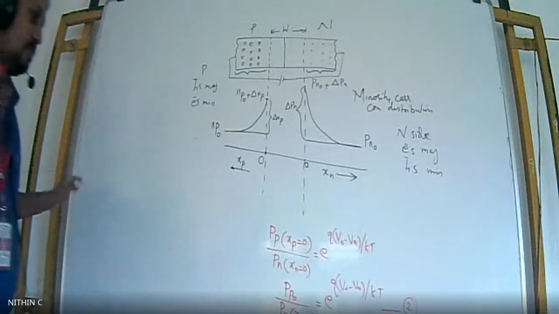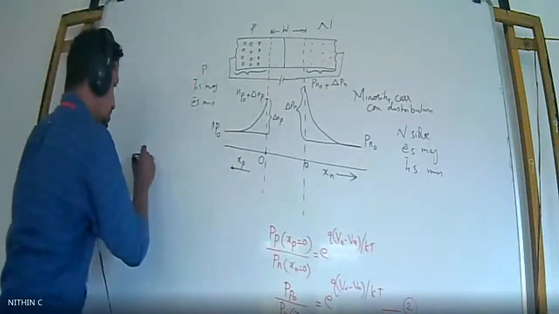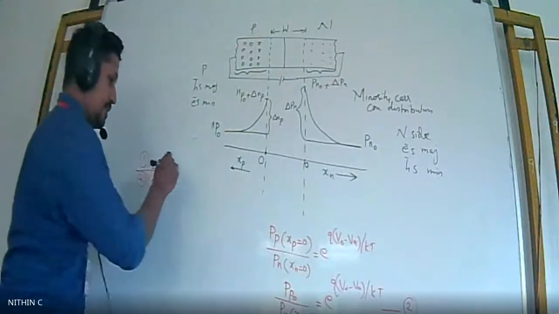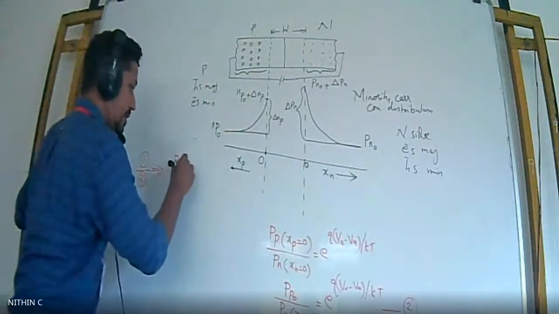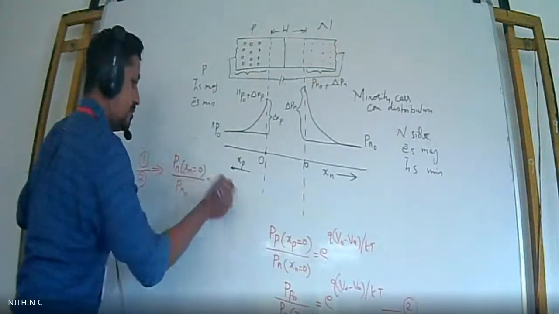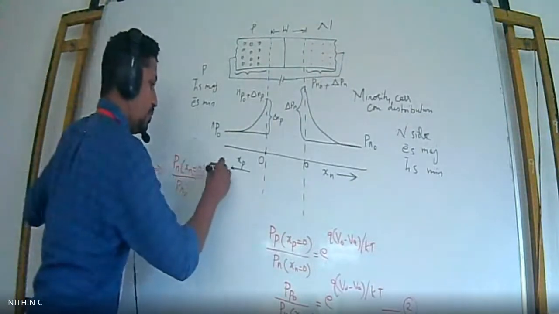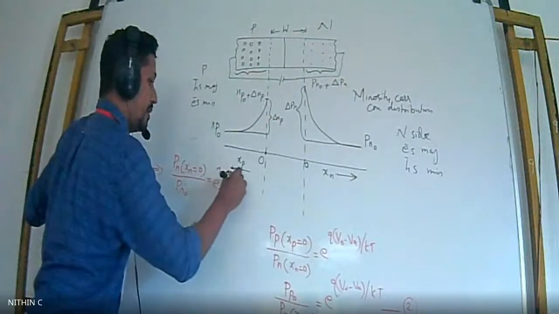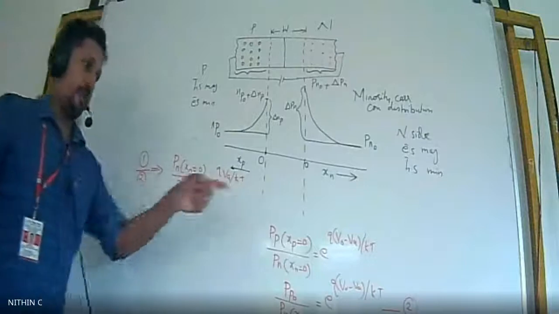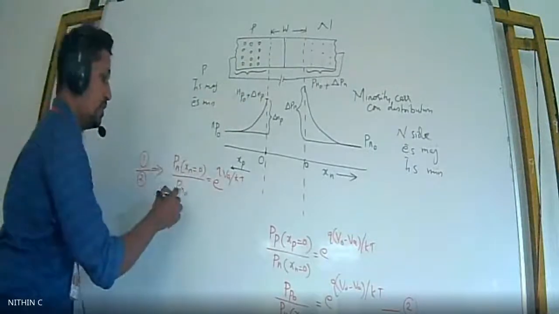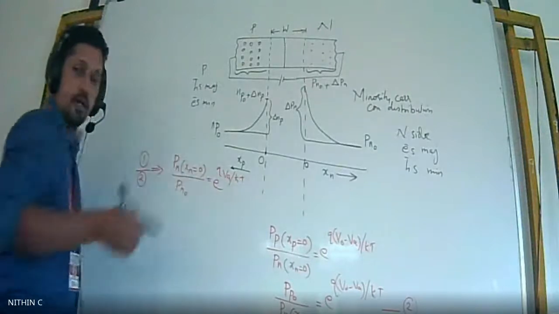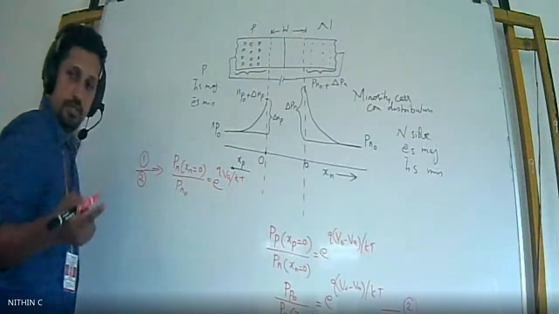So when you divide equation 1 by 2, you get this expression: Pn(xn=0) divided by Pn0 is equal to e raised to qVa by kT, where Va is the applied potential.